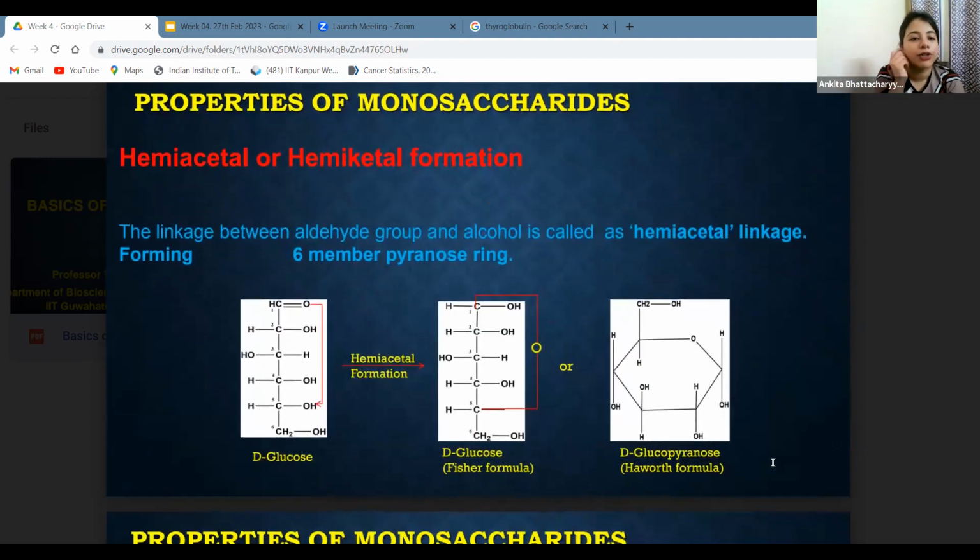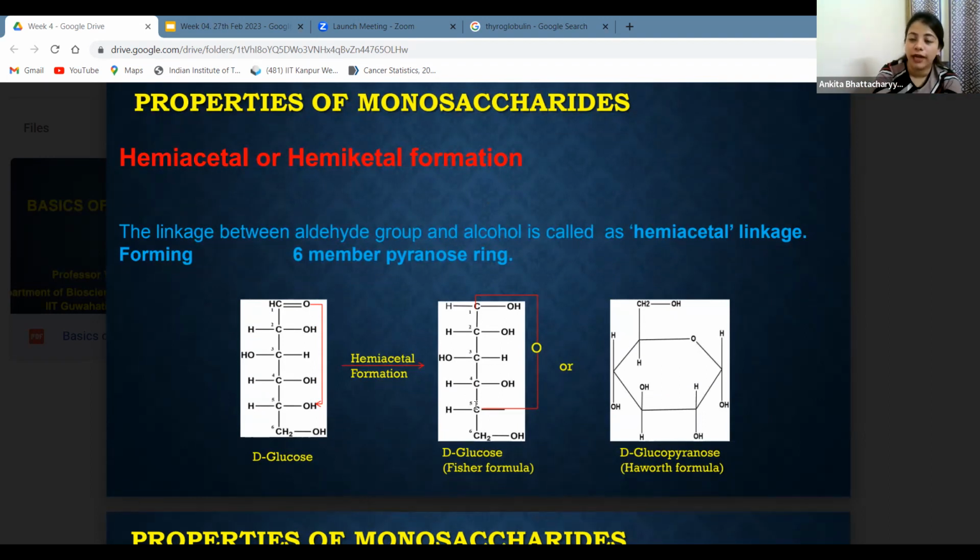Now, when we talk about monosaccharides, there are majorly two forms: the hemiacetal and hemiketal formats. When there's a reaction between an aldehyde group and an alcohol, that gives rise to a hemiacetal, forming the six-membered pyranose ring, much like what we just talked about. Here you can also see the two projections.